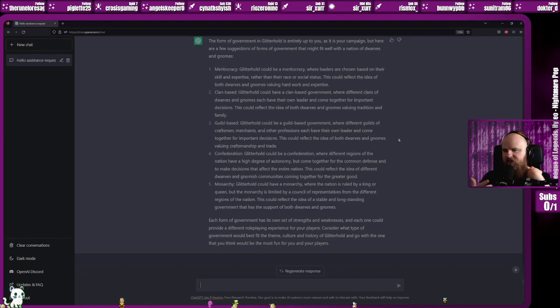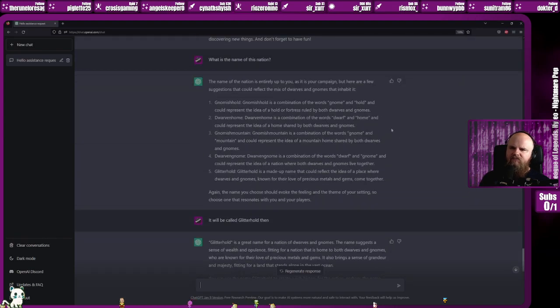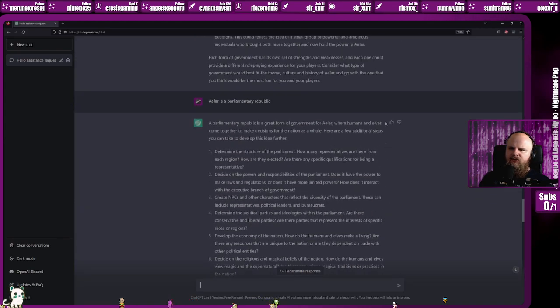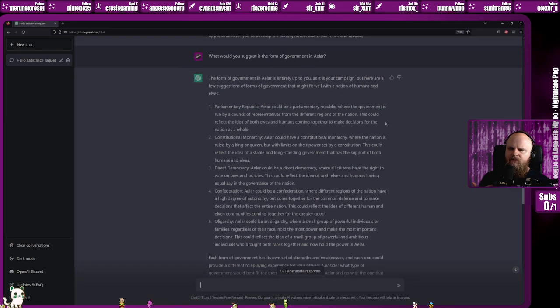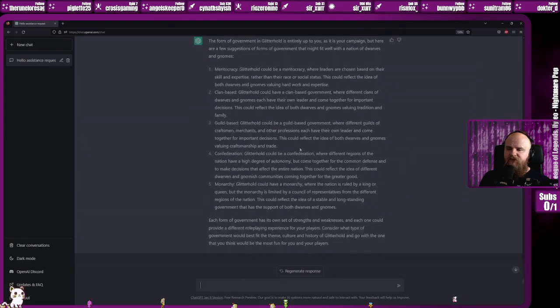It's actually suggesting a monarchy. Did it suggest monarchy in addition to? No, it simply suggests constitutional monarchy for that one. So here it suggests monarchy, but it does say more about it. It says that the monarchy is limited by a council of representatives from the different regions of the nation.